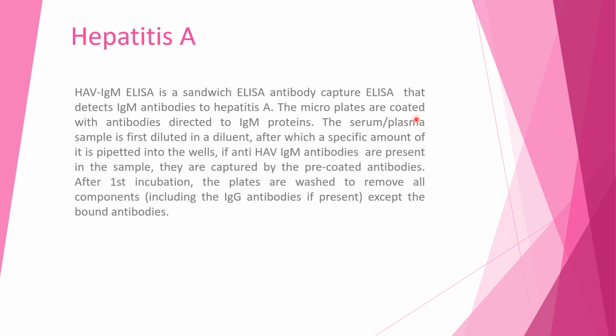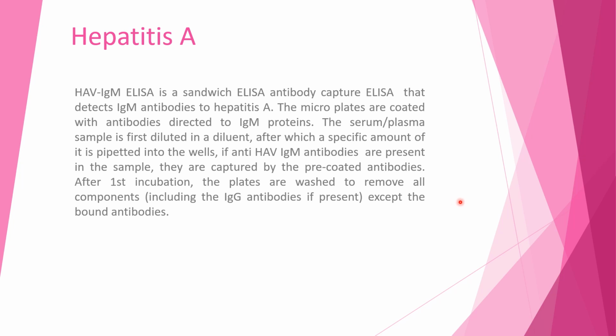Now next we shall discuss hepatitis A. Here the antibody used is IgM, and the technique used for the detection of hepatitis is a sandwich ELISA. The microplates are coated with the antibodies which are directed to the IgM proteins. The serum or plasma is first diluted in a diluent, after which only a specific amount of it is pipetted into the wells.